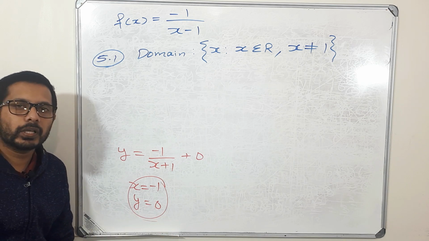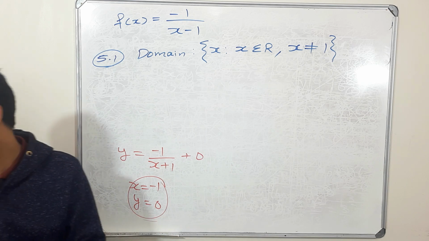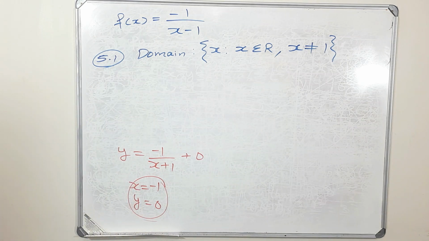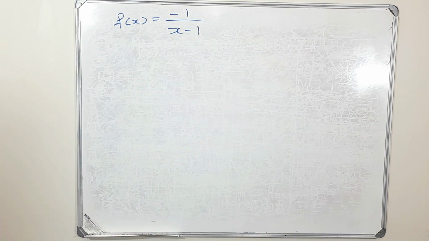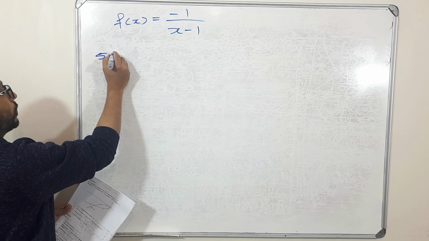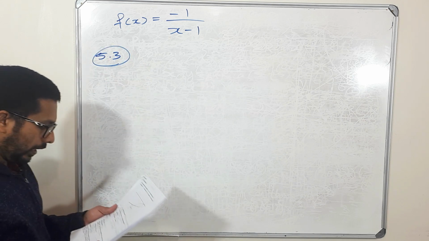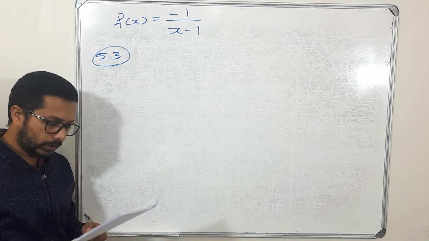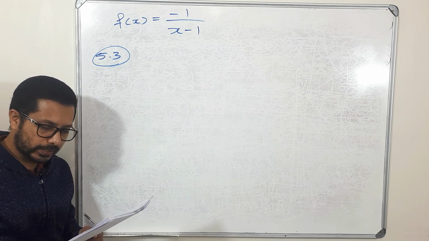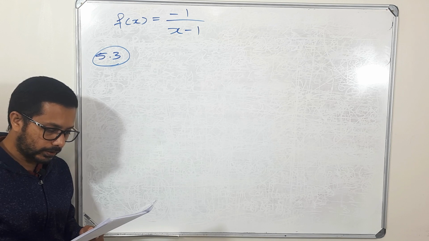Now let's go to question number 5.3. Sketch the graph of f clearly showing all intercepts with the axis and any asymptotes.